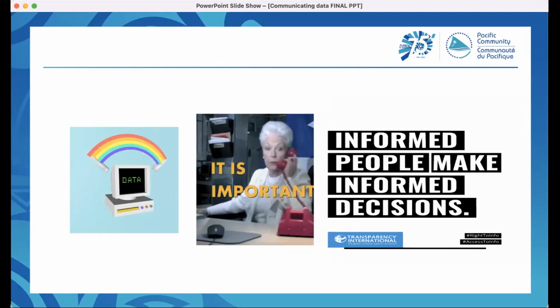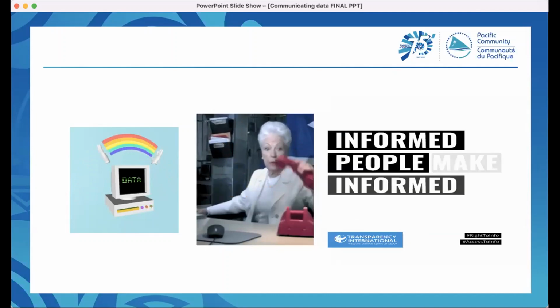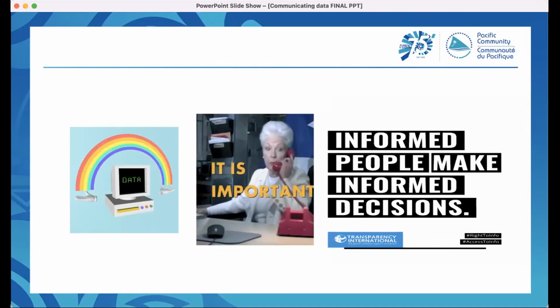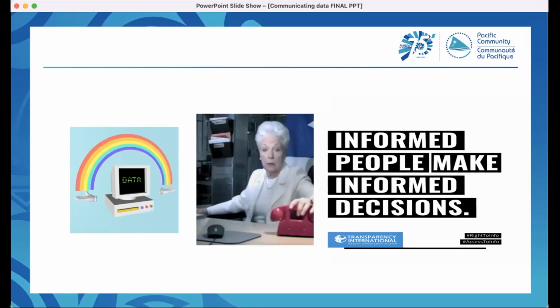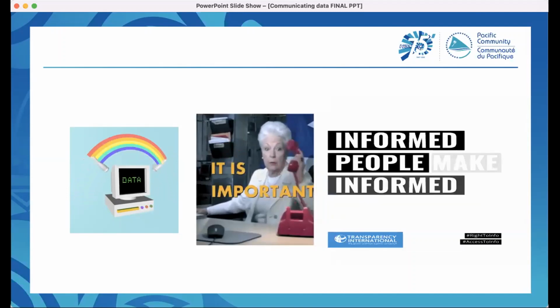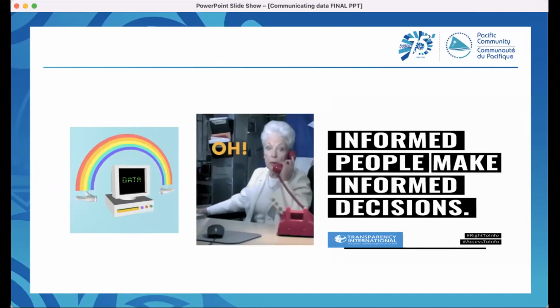By presenting factual information in a way that's engaging, simple, and accessible, we can help combat things like misinformation by making real news, real facts, real data accessible and understandable to our respective audiences. Data is important and it helps us make sense of the world in which we live.